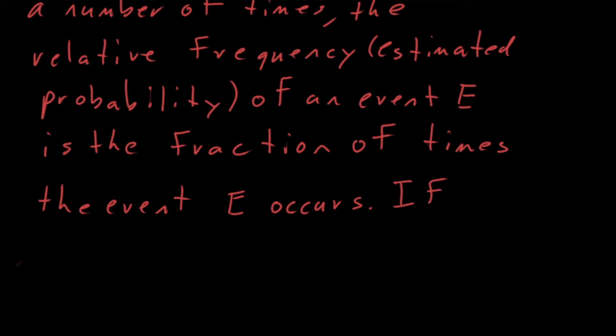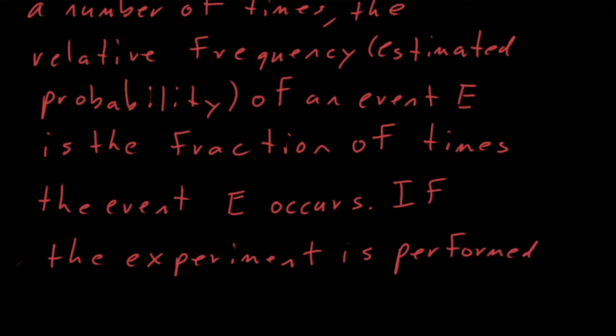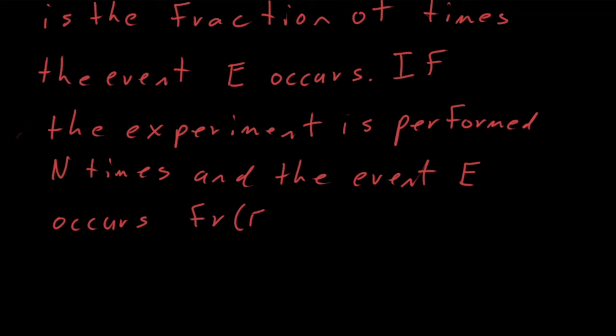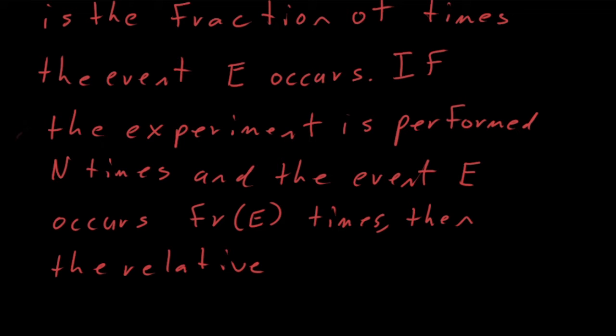If the experiment is performed n times, and the event E occurs frequency of E times, so that's the number of times E occurs, then the relative frequency is given by, and here's what it's given by.